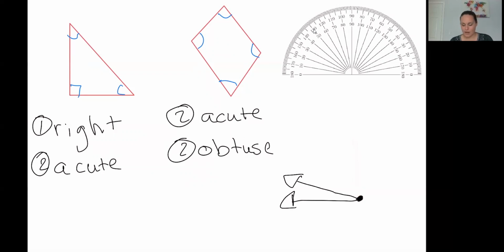If I wanted an obtuse angle, I draw it like that, or I could draw it even almost straight, just as long as it's not a full straight, because it has to be between 90 and 180, that full straight angle.